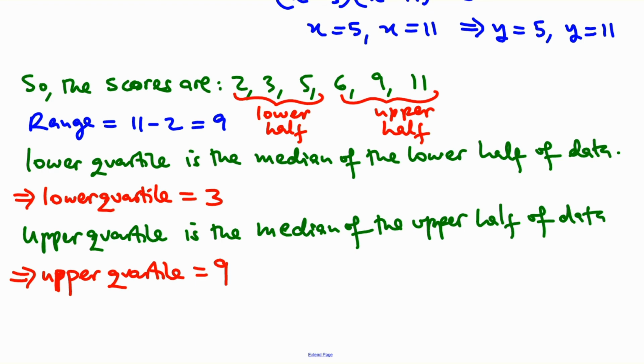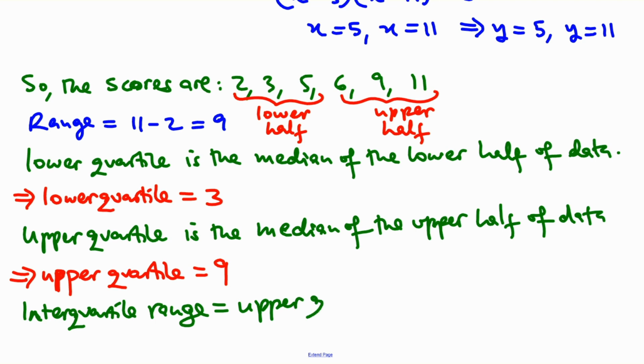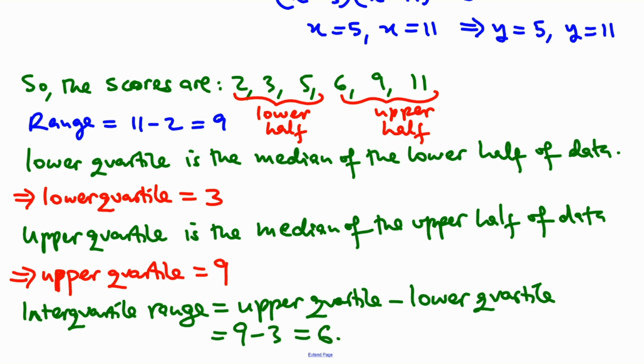Now, the interquartile range is basically upper quartile minus lower quartile. So interquartile range is upper quartile minus lower quartile, which here will be 9 minus 3, which will be equal to 6.